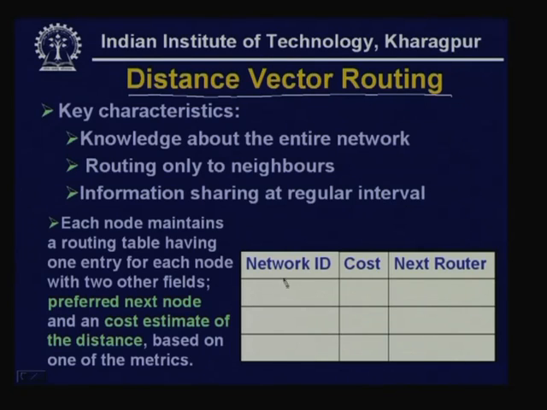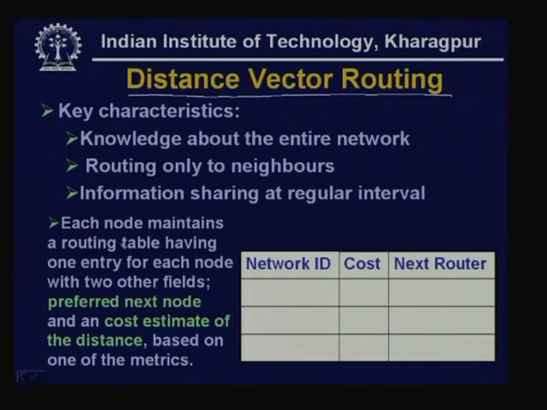Here you will find that a table is maintained, based on information sharing at regular intervals. So, these are the 3 basic features. First of all, knowledge about the entire network is gathered, and routing is done only to the neighbors, and information sharing is performed at regular intervals.